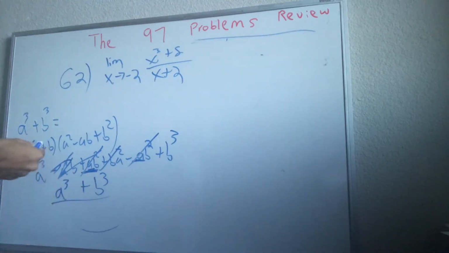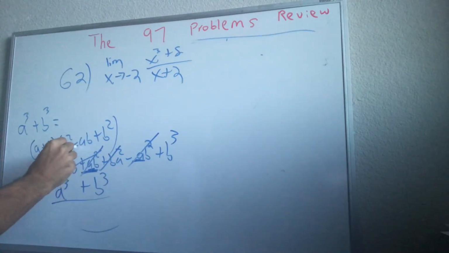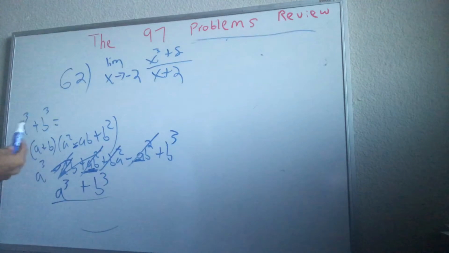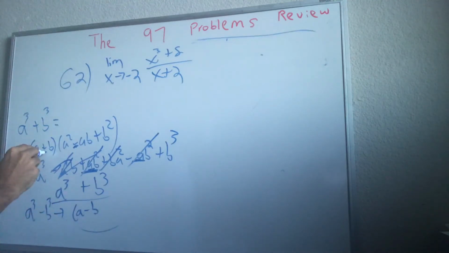And so we can factor this numerator out. You just have to know its formula. Again, an easy way to remember is a cubed plus b cubed is equal to (a + b) times a squared, then the minus here. So for instance, if you have a cubed minus b cubed, you would write (a - b). The sign over here matches this, and this sign over here matches this.